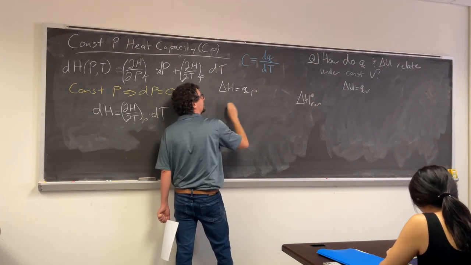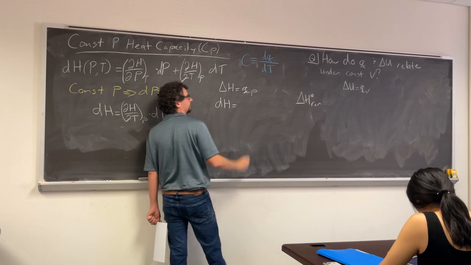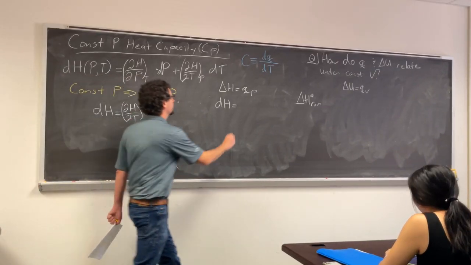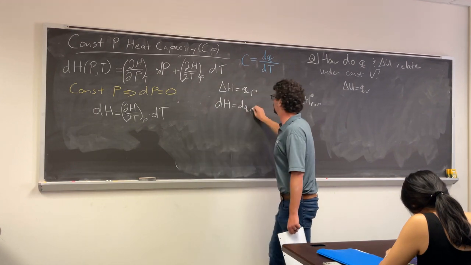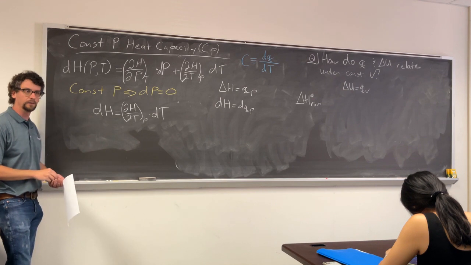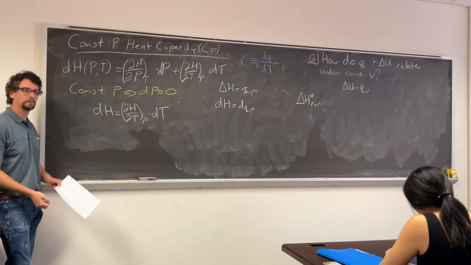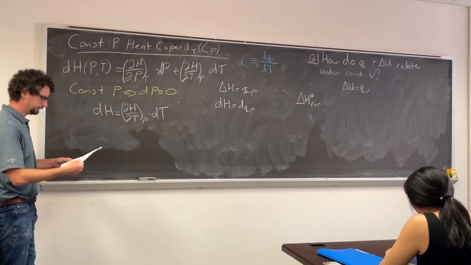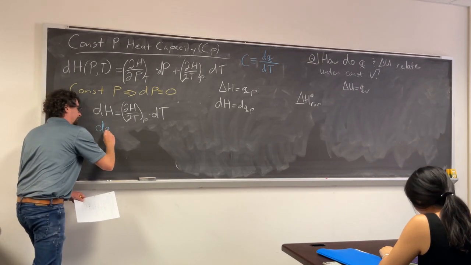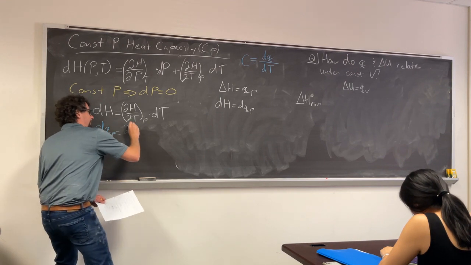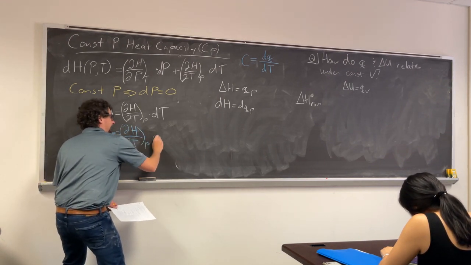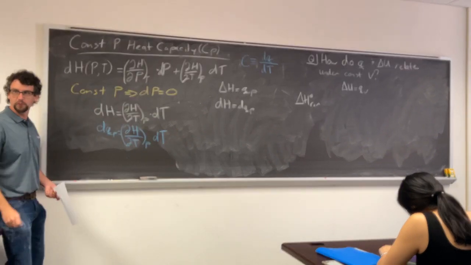Q sub P. Yep. Now let's say we have dH. What's that going to be equal to then, under our conditions? Yep, dQ sub P. So what can we do here to find a Q? Those two are equivalent to one another, right?